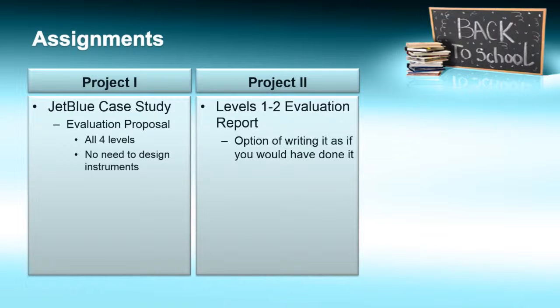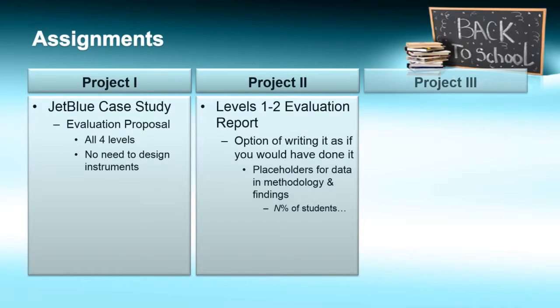So we understand that, but you do have to write it as if you would have done it. So what you'll do is that you'll use placeholders for data when you're describing your methodology and findings. And so, for example, if you were going to say 87% of students, you don't have that number, but you'll say N% of students, or you'll put a blank there.